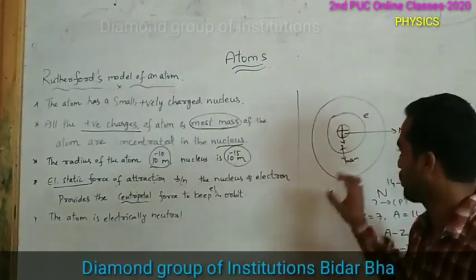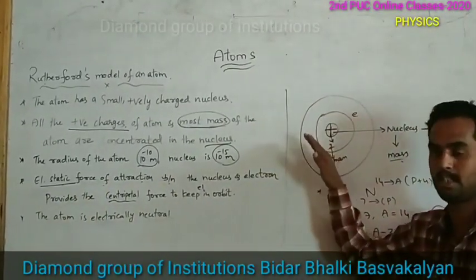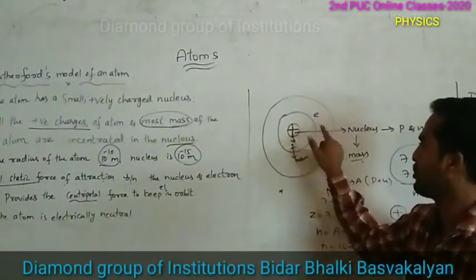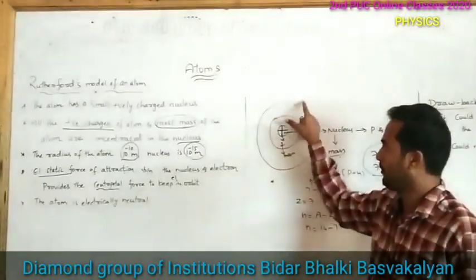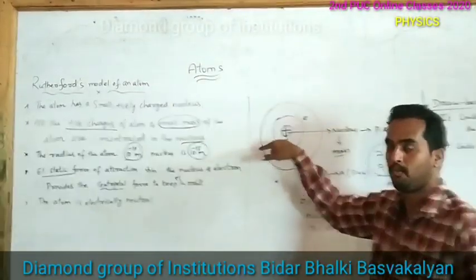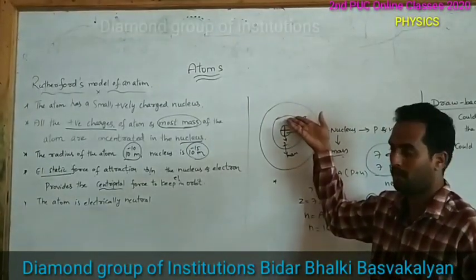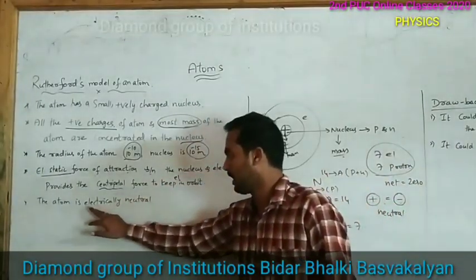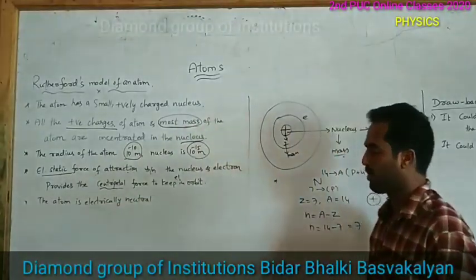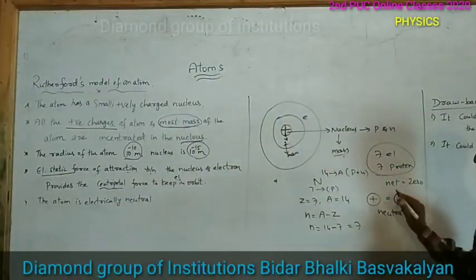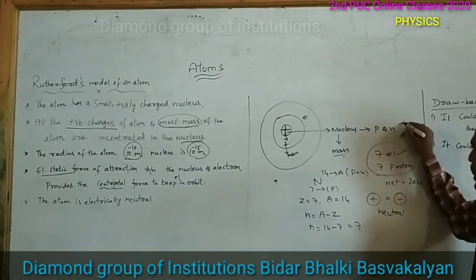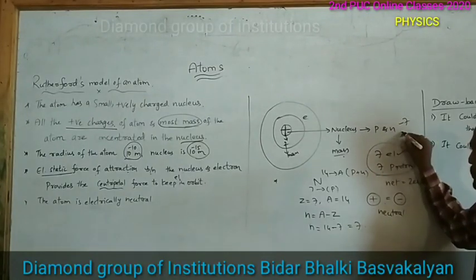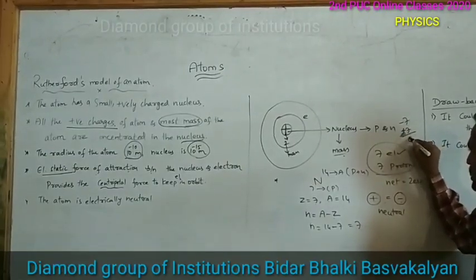And there are two types of forces that exist here because of opposite charges: electrostatic force, and one more, the circular path force, which is called what? Centripetal force. And we can say that the atom is electrically neutral. What is meant by neutral? Just now we told that if there are 7 electrons, that means negative value is 7, positive value is 7, so the total becomes 0.